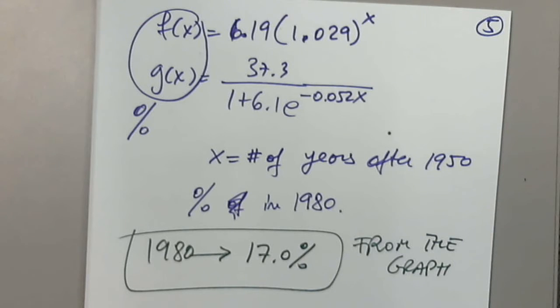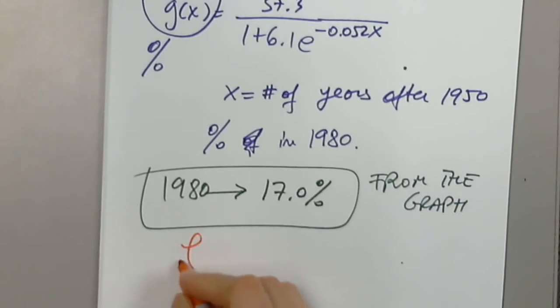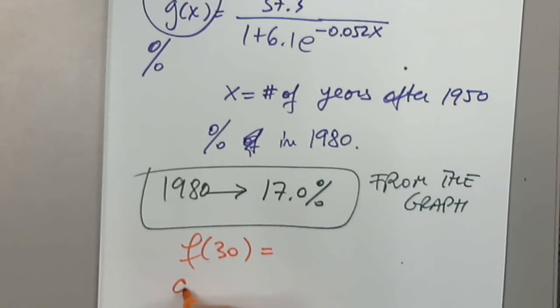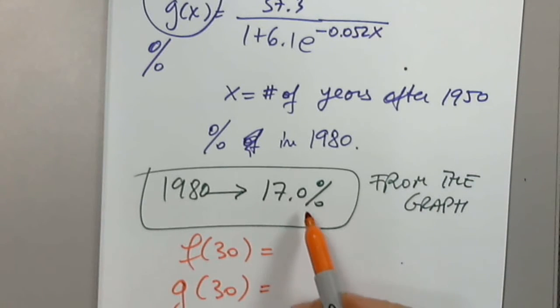So what do I do? Very good. So I have to find f of 30, and I have to find g of 30. Whichever of these two is closer to 17%, I would say that's the best model for 1980. I cannot conclude that is the best model for all years, but I will conclude that is better for 1980.